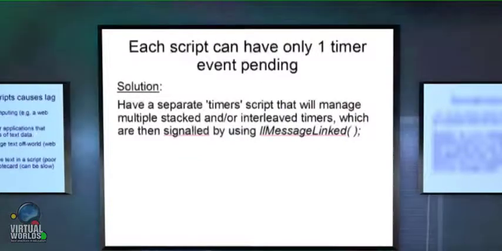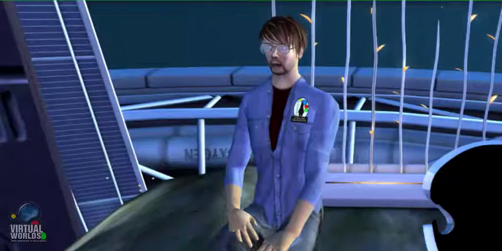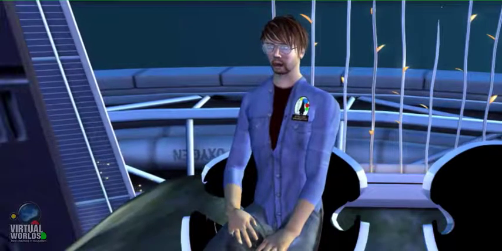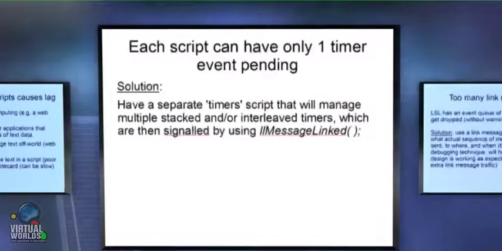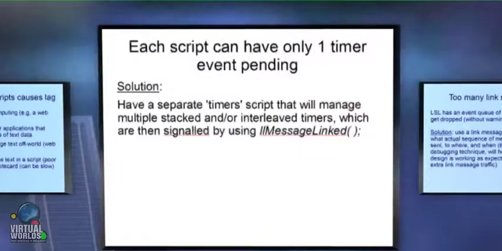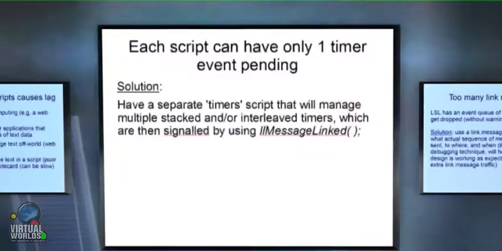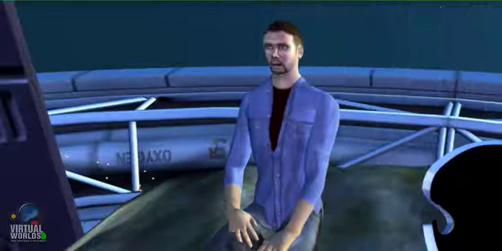Okay, so one of the limitations is that each script can only have one timer event, so that's pending. And this is interesting if you have a complex script that requires multiple interleaving, overlapping, stacked timers.